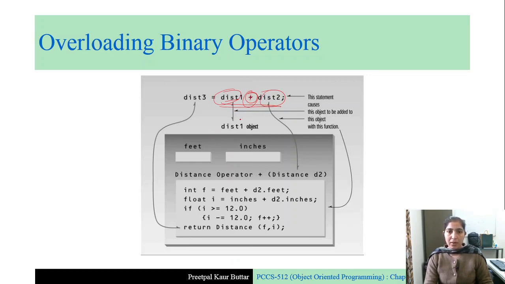Okay, so it will look for this definition. So this statement causes this object to be added to this object with this function. So it will cause distance d1 and distance d2 to be added with the help of this function, and the value returned will be assigned to this object, okay.